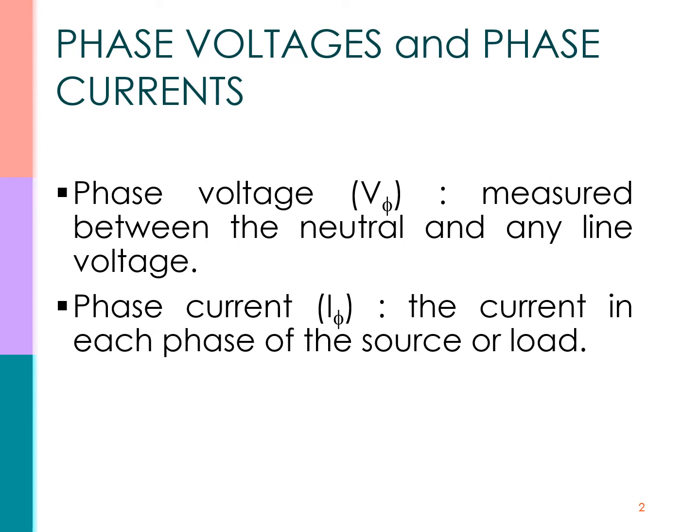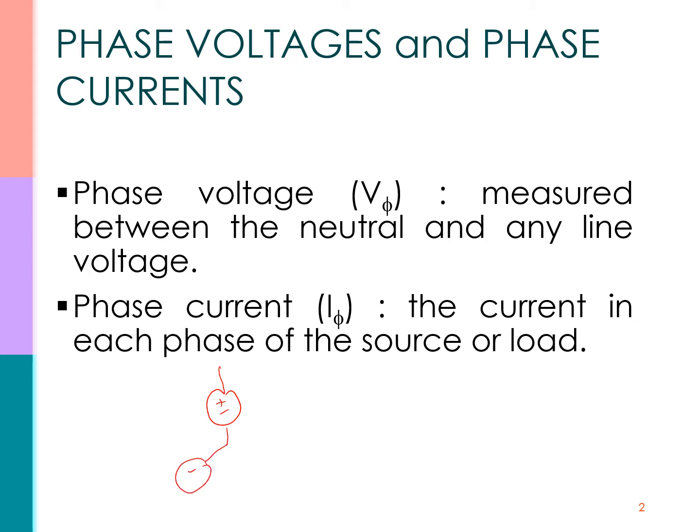So what is phase voltage and what is phase current? Phase voltage, by definition, is measured between the neutral and any line, while the phase current is the current in each phase of the source or load. So in a balanced three-phase circuit, we actually have three voltage sources.